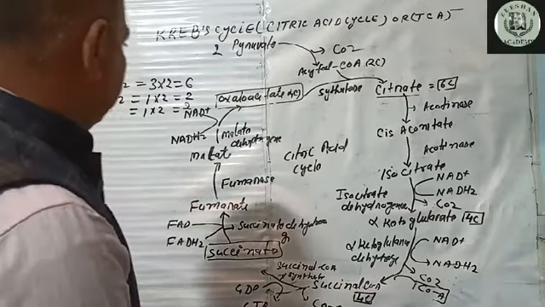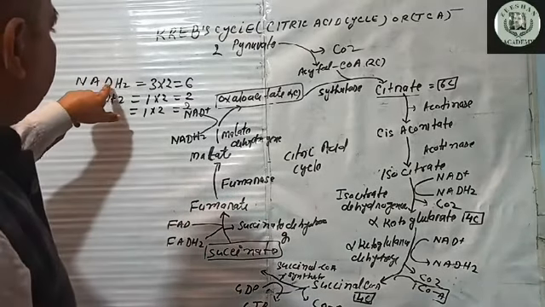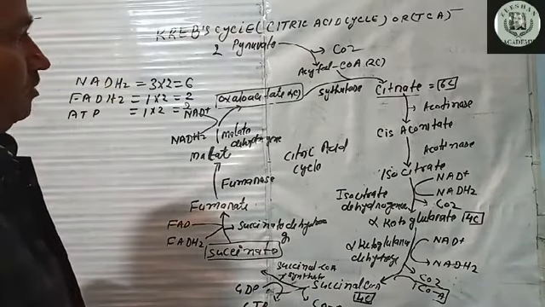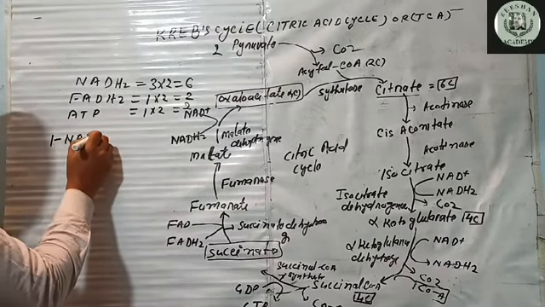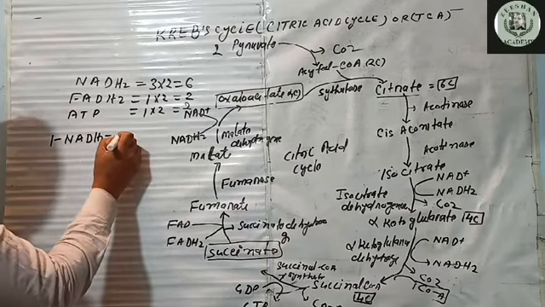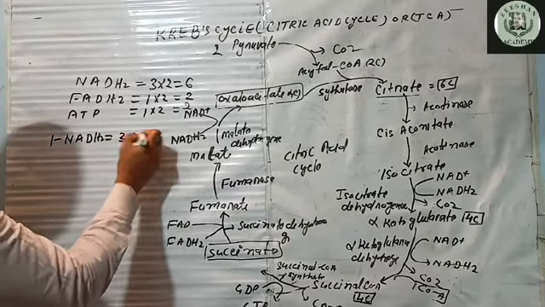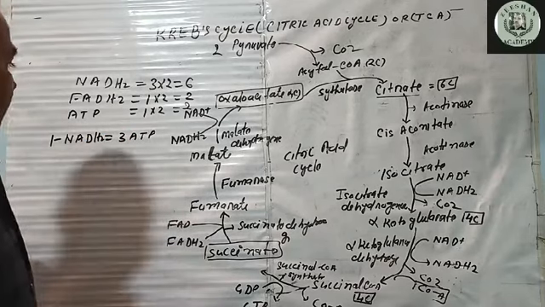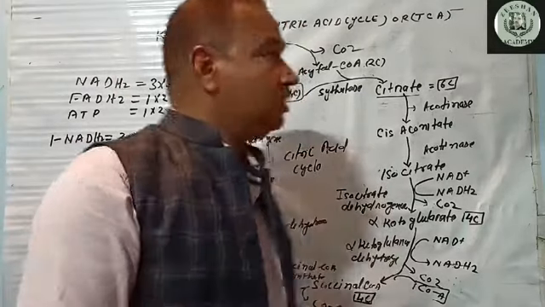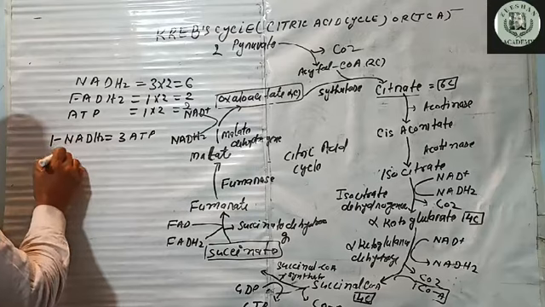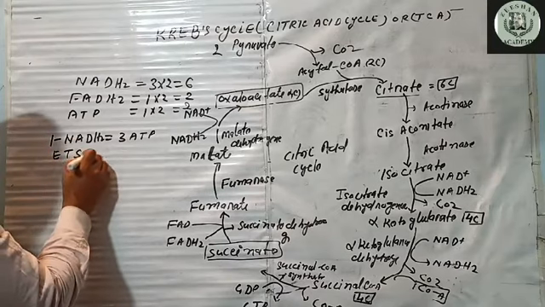You know that for 1 mole of NADH2, 3 ATP are produced by a system that is present in aerobic respiration. This is called the electron transport system.